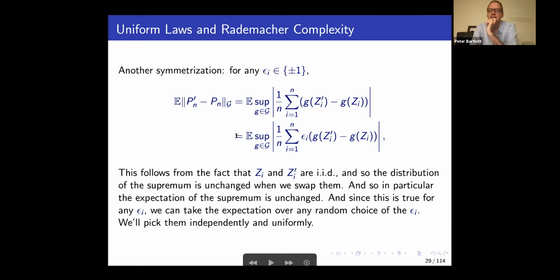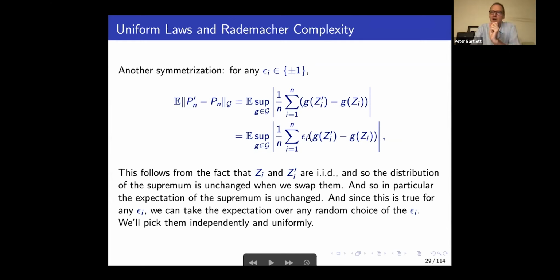And I'm claiming that that's equal to the same expectation where I put the epsilon i, this plus or minus 1 sequence, in. It doesn't matter what it is, maybe epsilon 1 is plus 1, epsilon 2 is plus 1, epsilon 3 is minus 1, just fix a sequence. Whatever that sequence is, I'm claiming that this expectation, when I change the sign here, is exactly the same as this expectation. Why is that?